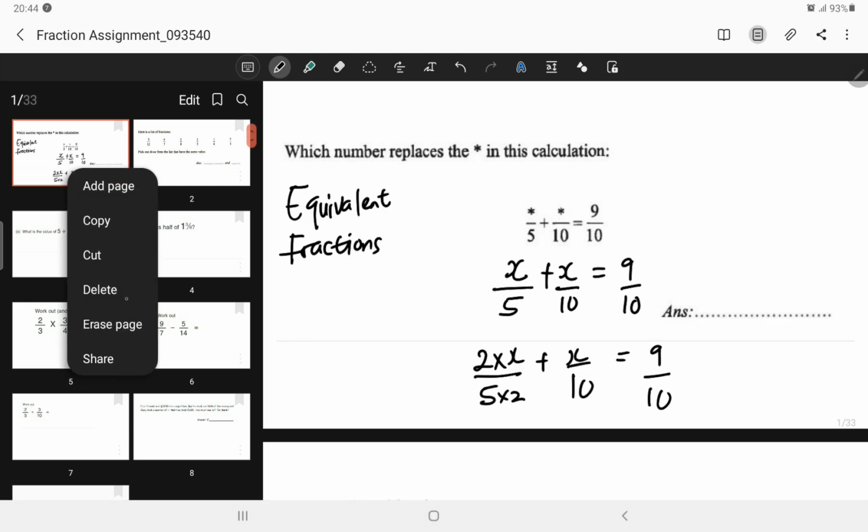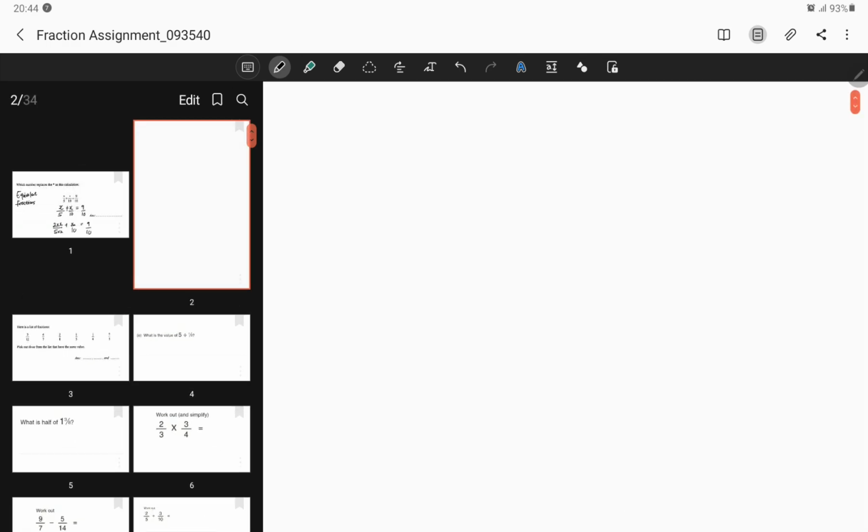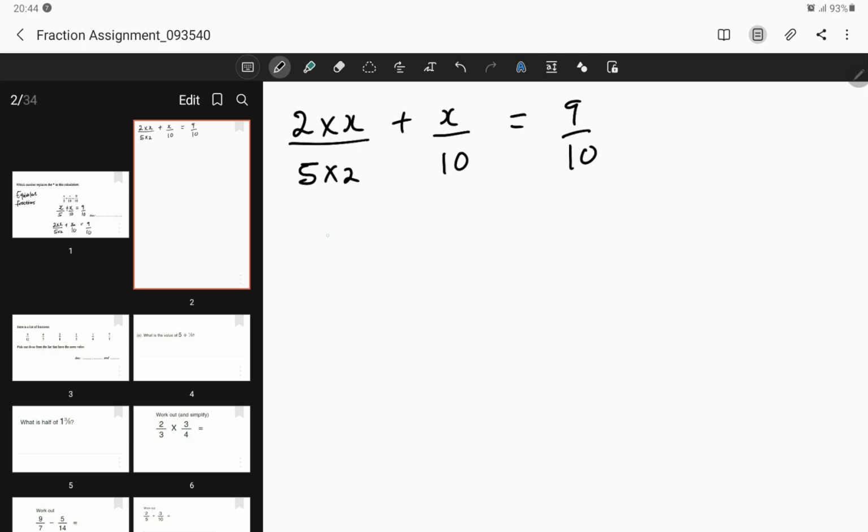Right? So let's add a new page. So I had 2 times x all over 5 times 2 plus x over 10 equal to 9 over 10. So this is 2x over 10 plus x over 10 is equal to 9 over 10. For us to add or subtract fractions, their denominators must be the same.